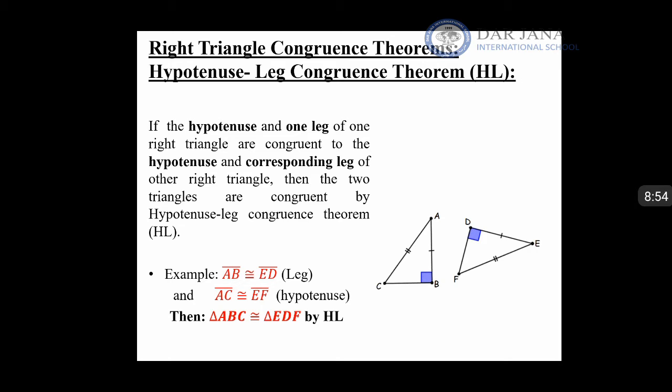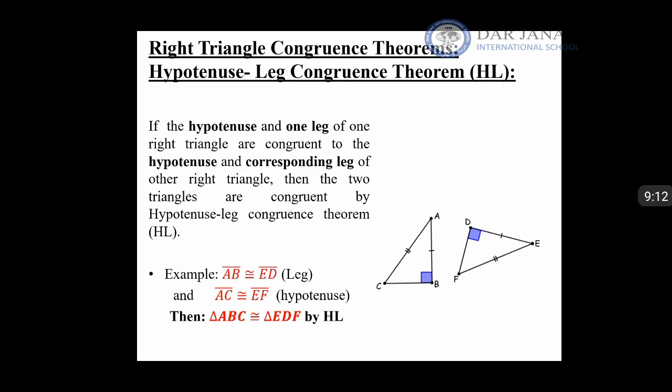As you see in this figure, referring to those two triangles, we have AB congruent to ED, which is the leg. So the leg AB is congruent to its corresponding leg ED. Also, AC is congruent to EF, the hypotenuse. AC is the hypotenuse, the side facing angle B, which is the right angle.